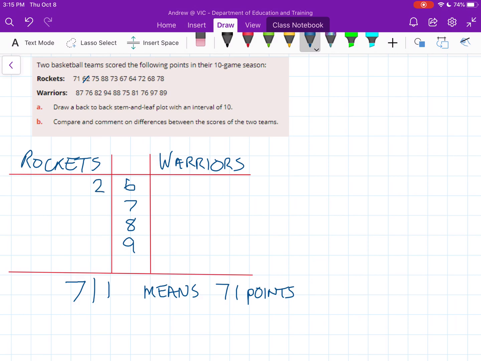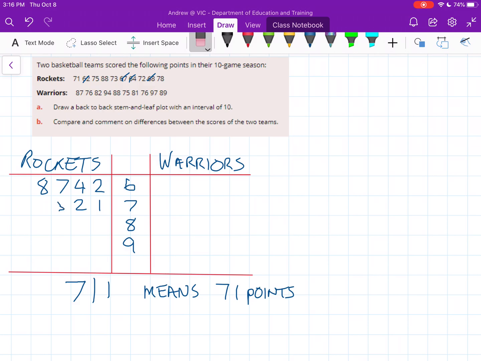Then we make our way out and it goes 64, 67 and 68. I'm just going to cross these out: 62, 64, 67 and 68.